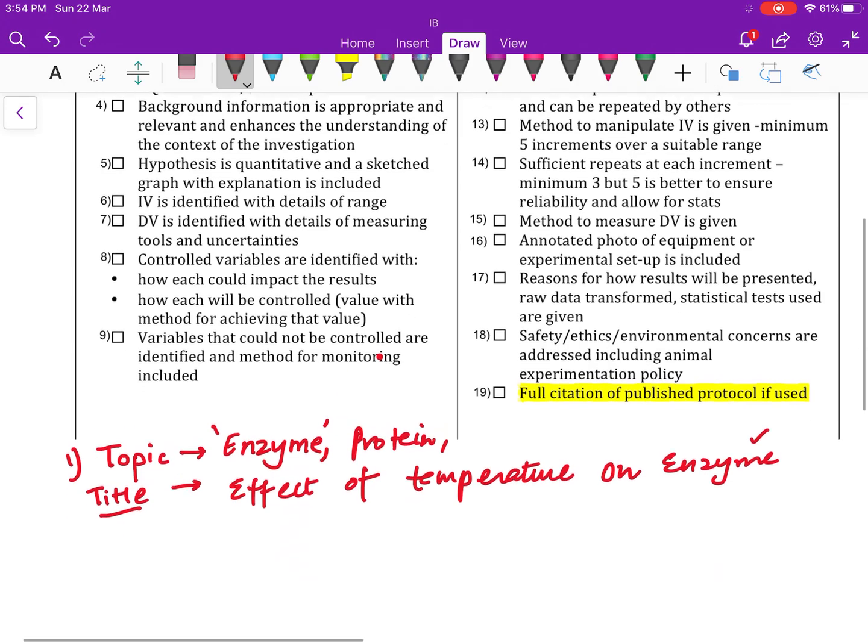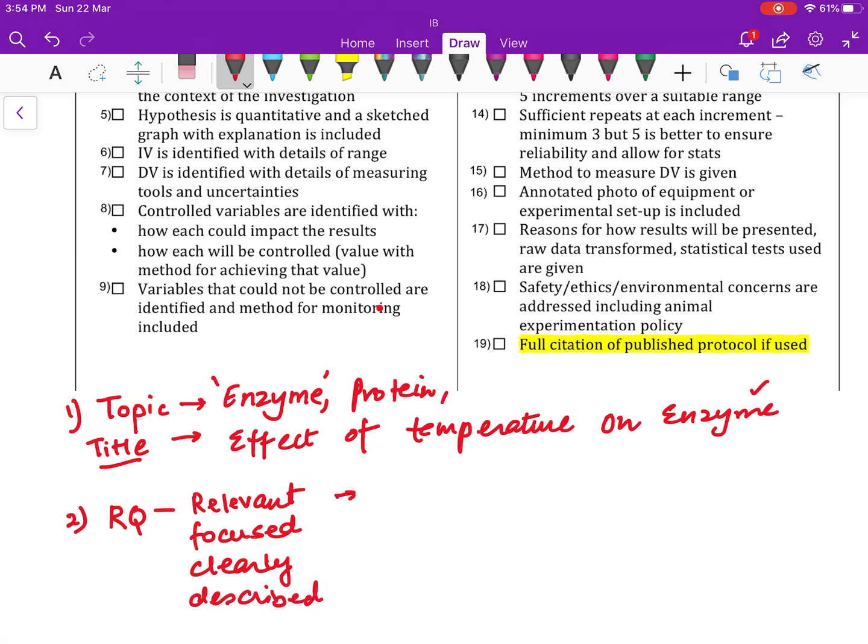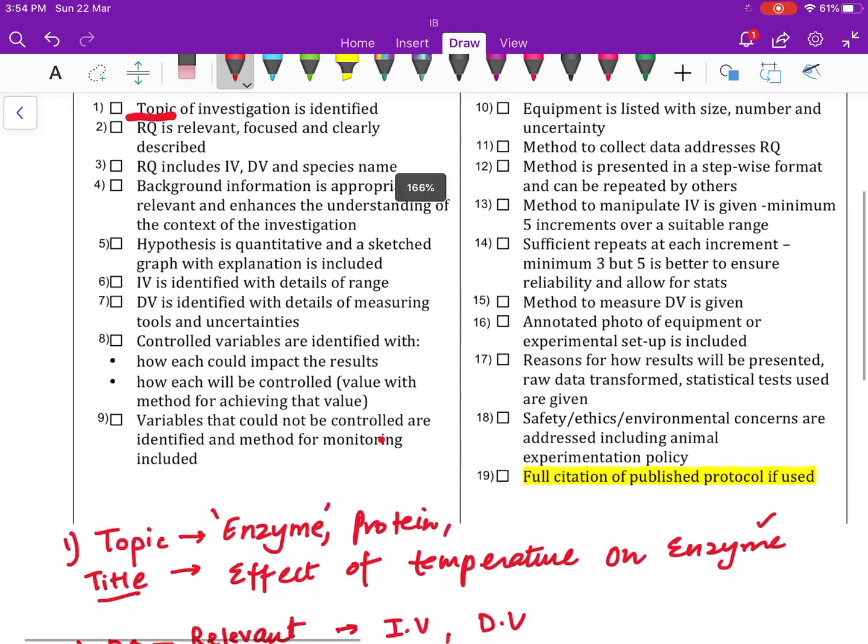Second point, RQ. So RQ needs to be relevant, focused, and clear, and it should be clearly described. So it means RQ should include the independent variable, dependent variable, as it is written in the lower part.